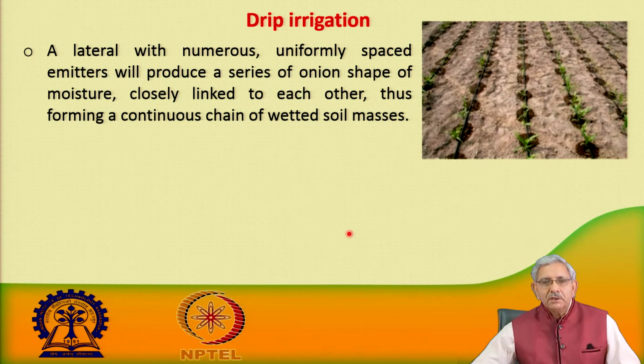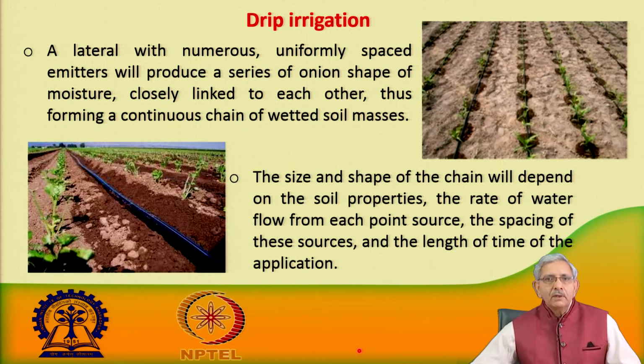So, it makes a uniform water distribution pattern below the soil, which is wetting the root zone of the crop. The size and shape of the chain will depend upon the soil property, basically the soil texture, and from the property point of view, the hydraulic conductivity of the soil.